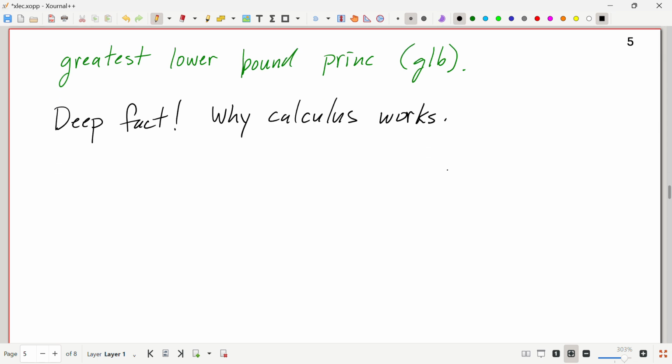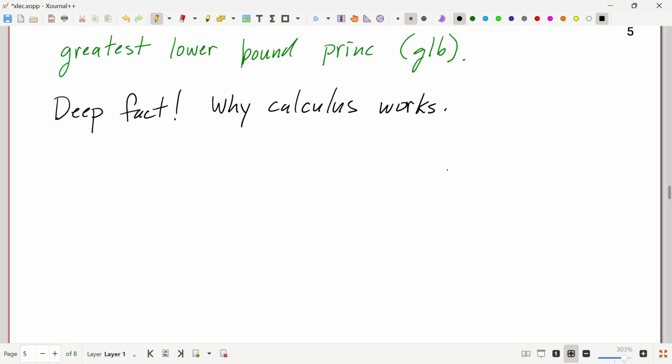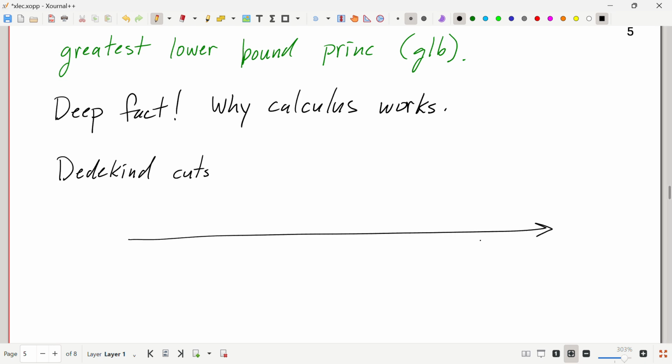So let me in the last few minutes here, give you a feeling for what I'm talking about. One of my heroes is Dedekind. And I told you about Dedekind cuts last time. So, for example, for the square root of 2, Dedekind partitioned the rational numbers into things to the left of the square root of 2. Let's see. Maybe I should make these different colors. This would be 0 over here.